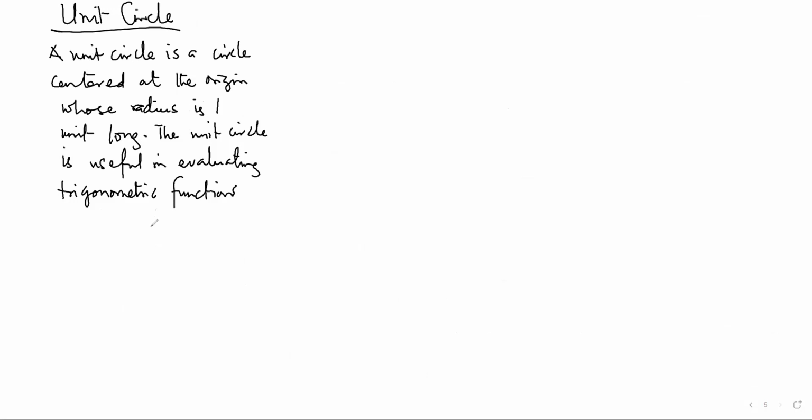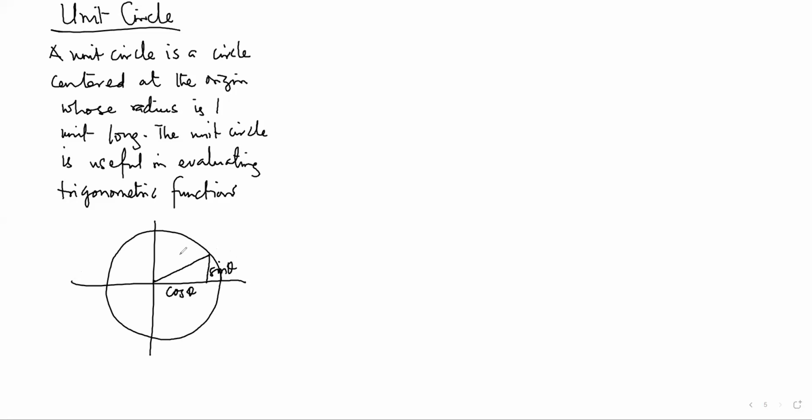So, for example, if I have a Cartesian plane like this, I draw a circle. Over here becomes cos theta. Over here is sine theta. And the radius becomes 1. The terminal becomes xy.